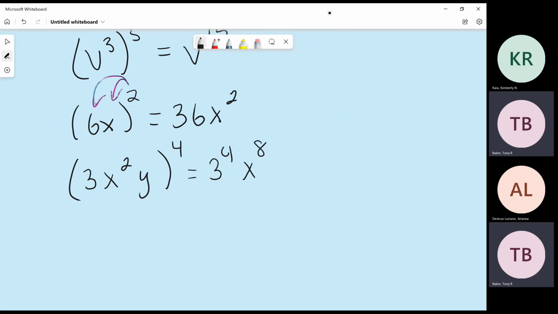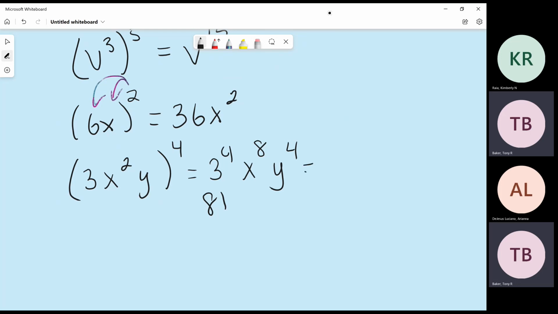Then we multiply, so x to the 8th and y to the 4th. You can do that as one step and then just do your number. So this was going to be 81. You can distribute the exponent first and then do the numbers afterwards. That's fine. 81x to the 8th.